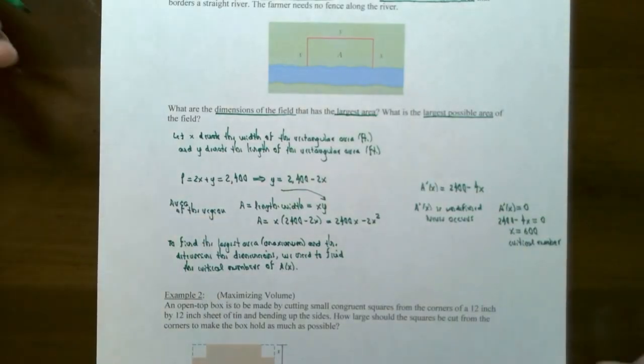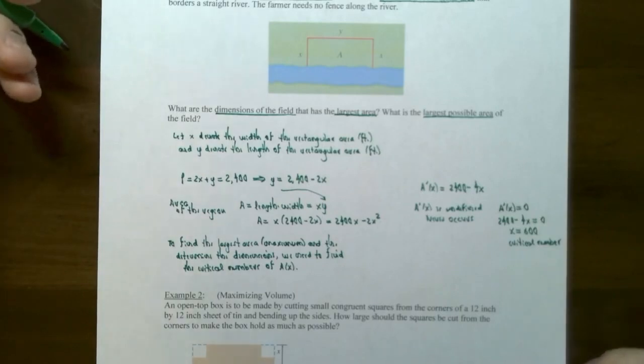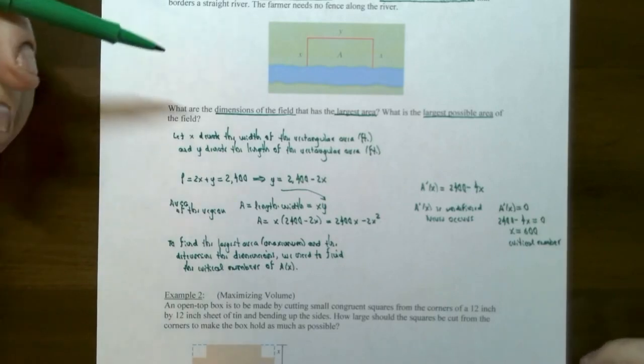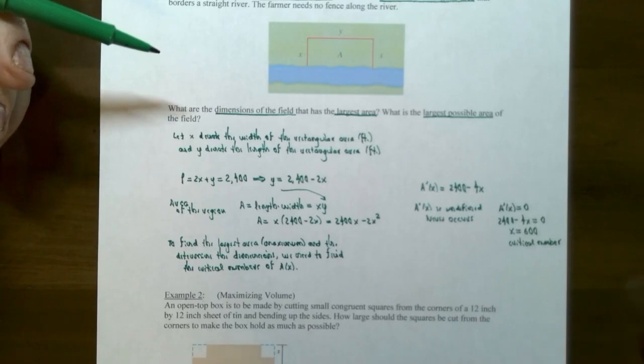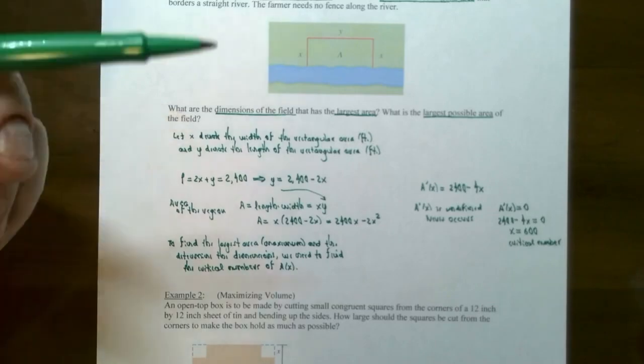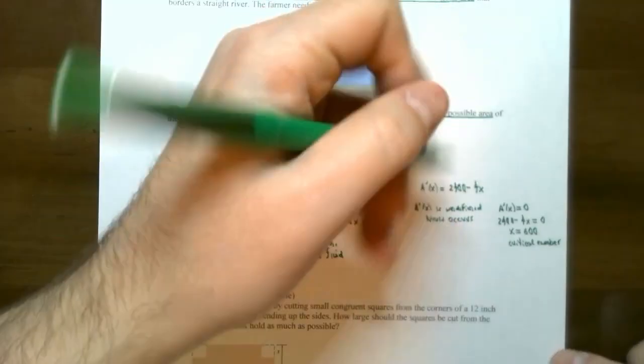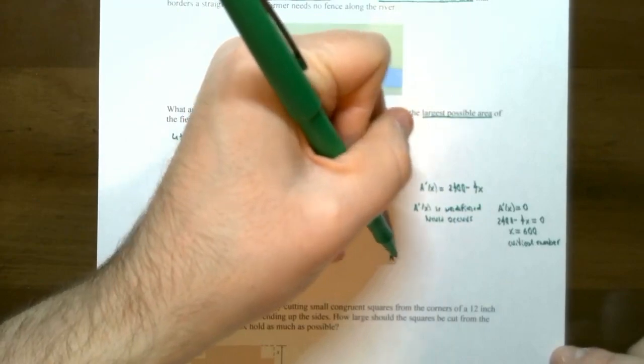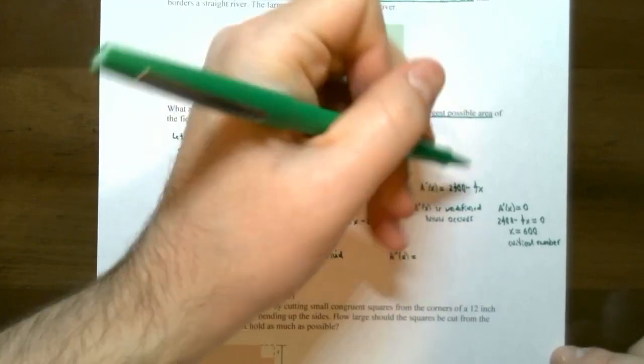So we've learned several methods in this chapter. You could use the first derivative test by making a sign chart for your first derivative. But now that we talked about it in the previous video, there is the second derivative test. So let's take the second derivative, which is very easy because the first derivative was a polynomial.